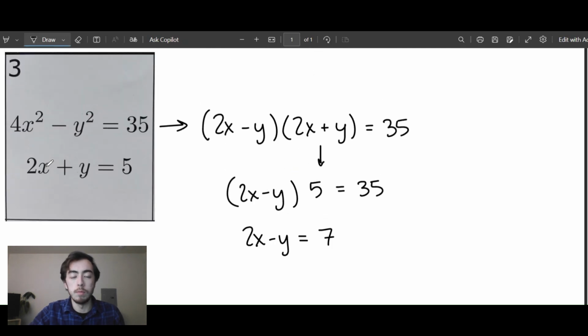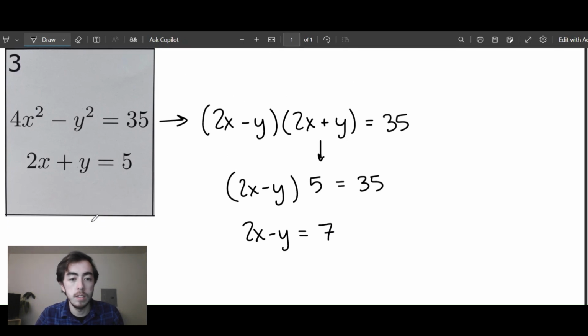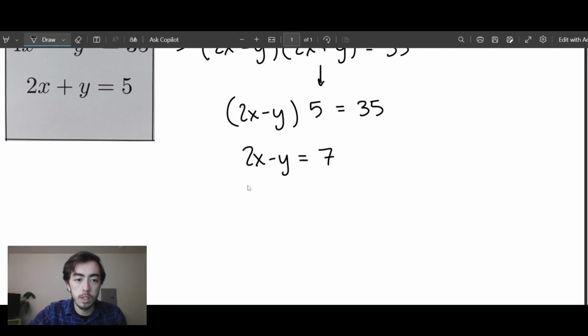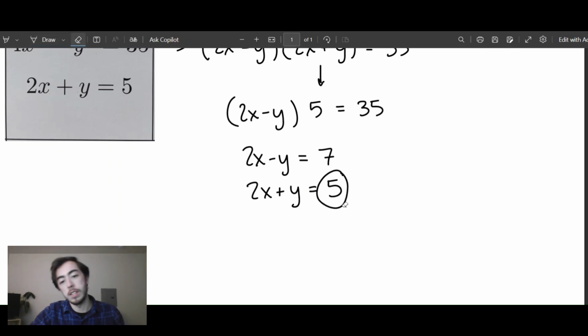Now, I'd really like to solve for x and figure out what just the x is. And I think what I could do now is hold these two equations up to each other. If you think about how this side is the same as this one, and this side is the same as this one, if I add the left sides and add the right sides, my equations should stay balanced.